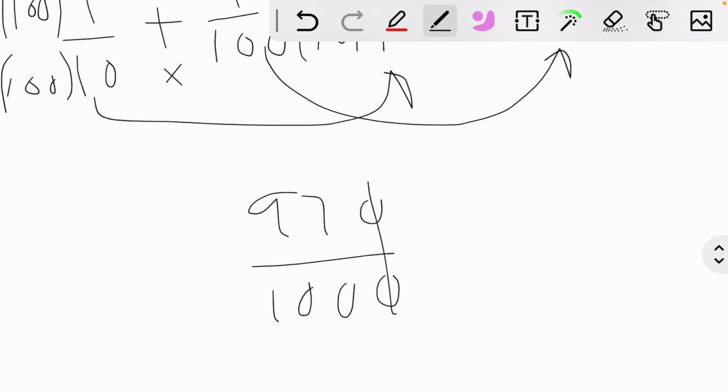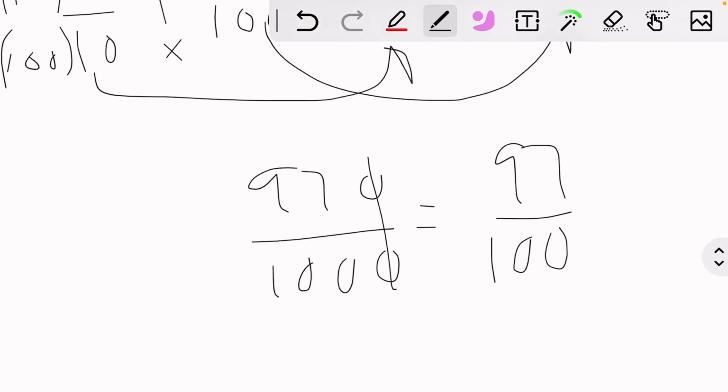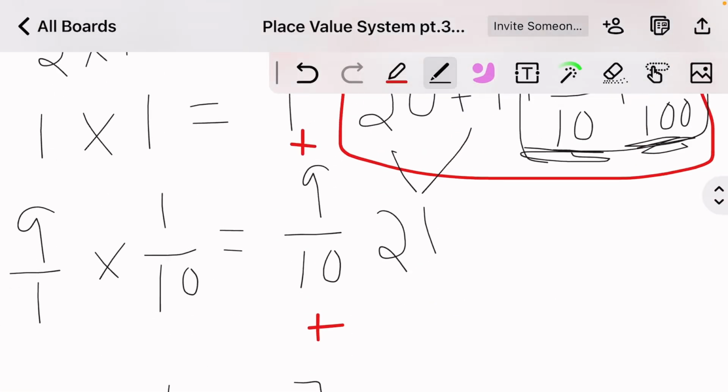And we can divide both of that by 10, or 100 rather. That's going to give us 97 over 100. We could do it one more time, but we're not going to do that. So now we got 21 plus 97 over 100.